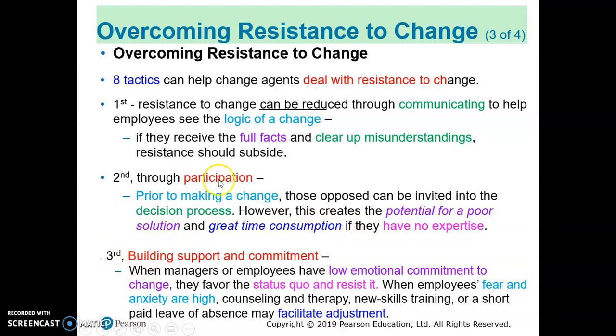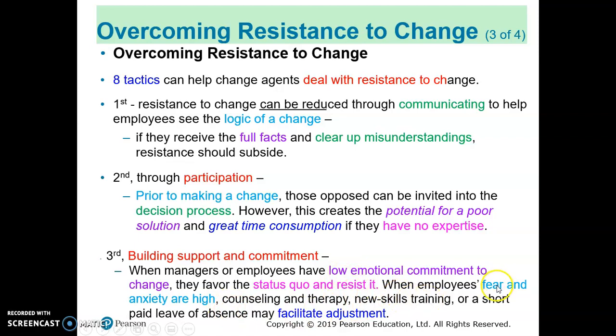So the third way to overcome resistance to change is by building support and commitment. When managers or employees have low emotional commitment to change, that means they favor the status quo, they favor their comfort zone, they do not want to change and resist it.